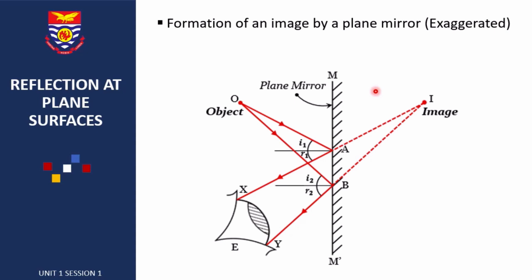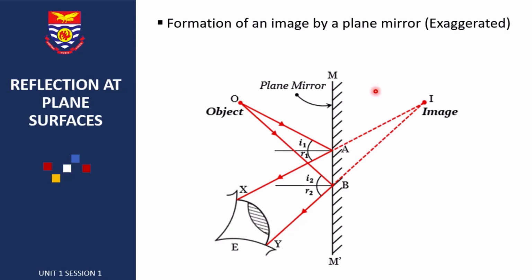The image too is what? It is erect. When you say it's erect, it stands like this. So it's two ways. It's either erect or inverted. But plane mirrors form an erect image. And always, the image that we get from a plane mirror is the same size as the object. Supposing my size is this and I stand in front of a plane mirror, I'm not going to get a big size like this.